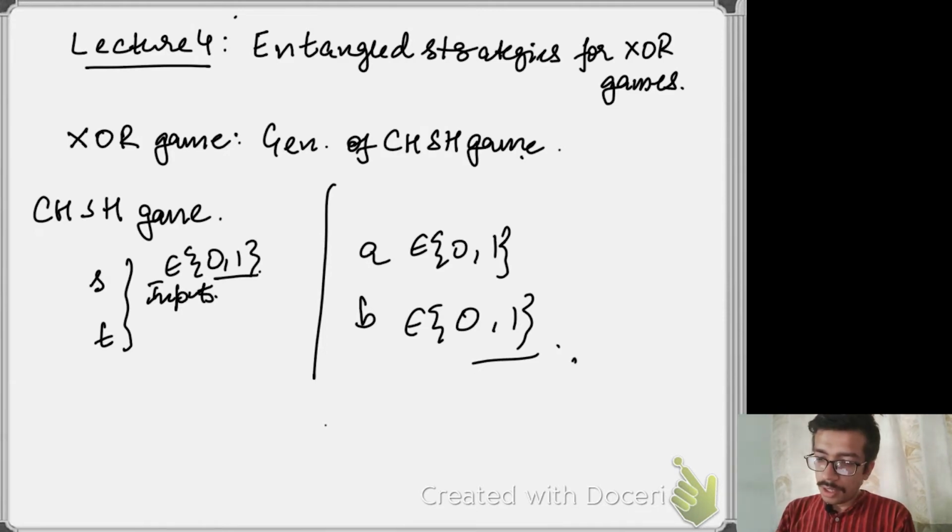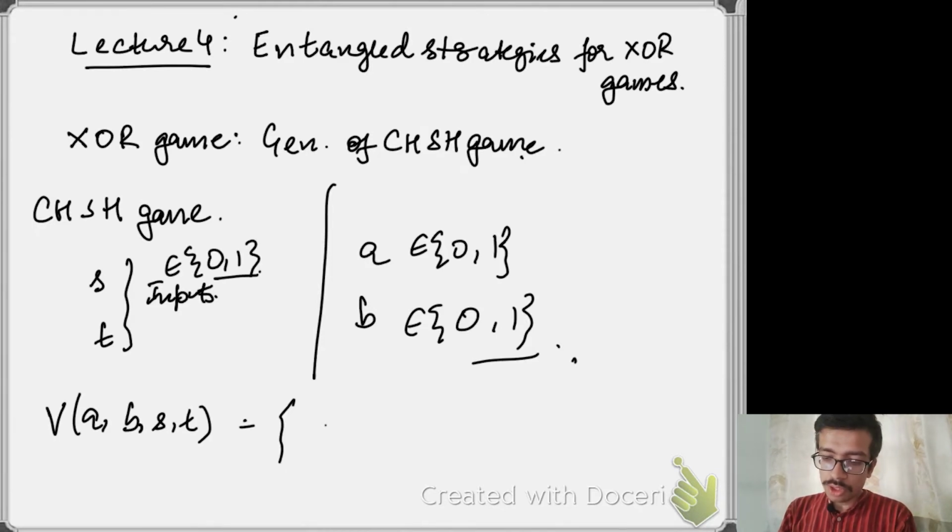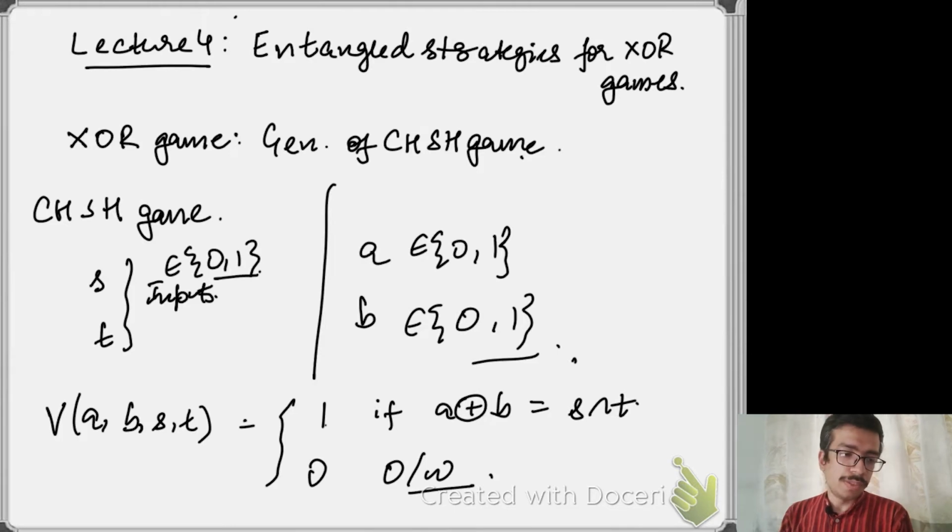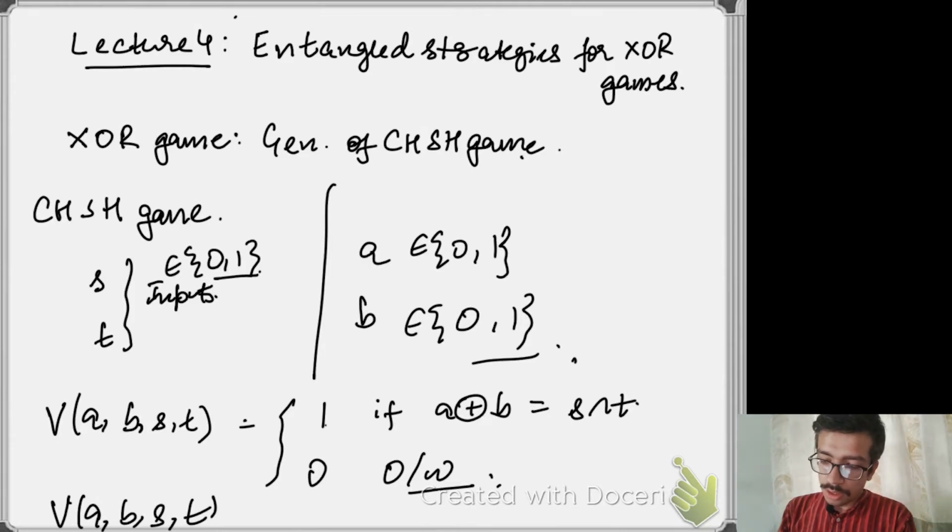And here the value function was defined as 1 if the XOR of outcomes equals the AND of inputs, and 0 otherwise. So here note that the valuation is a function of A XOR B, S and T.